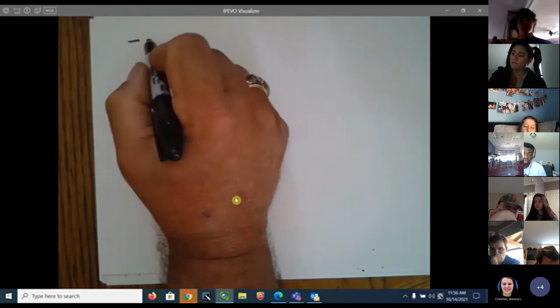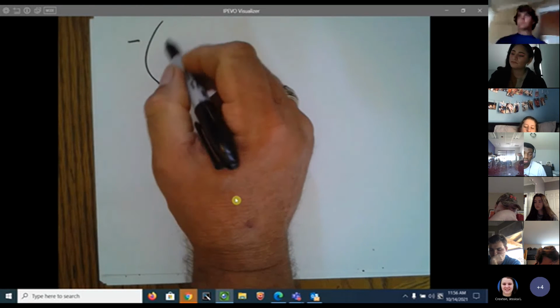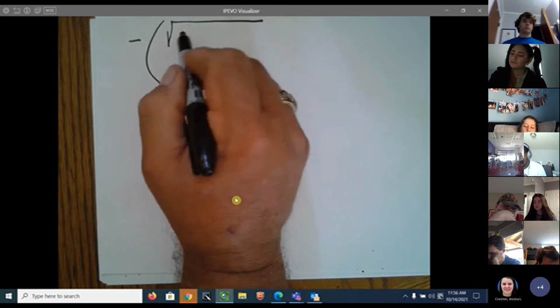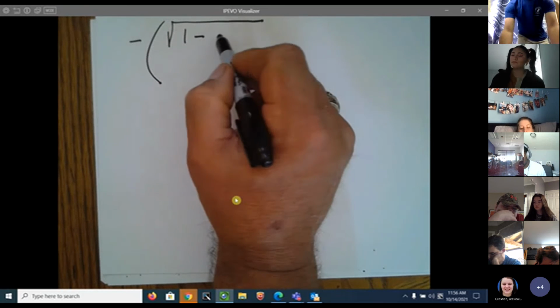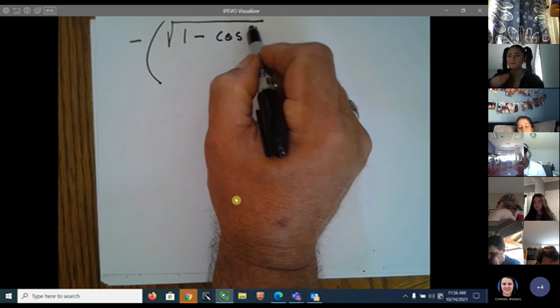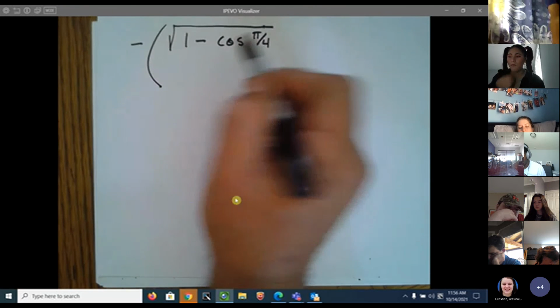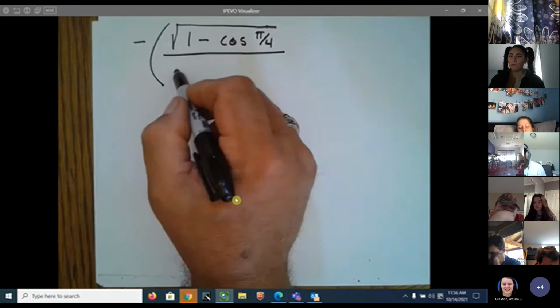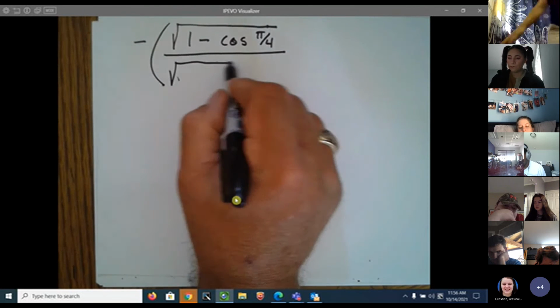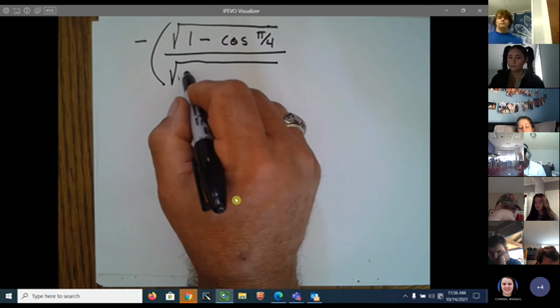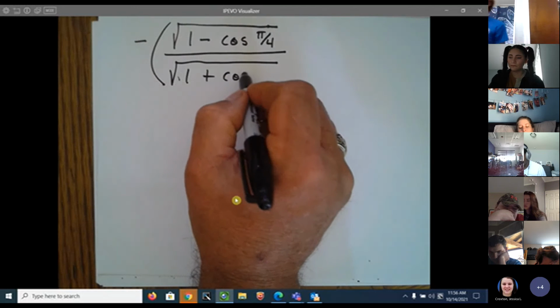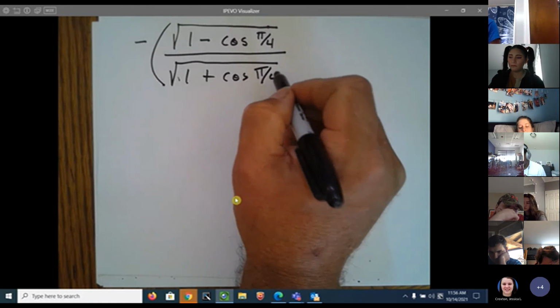Negative, parentheses, square root of 1 minus cosine of pi over 4 over the square root of 1 plus the cosine of pi over 4.